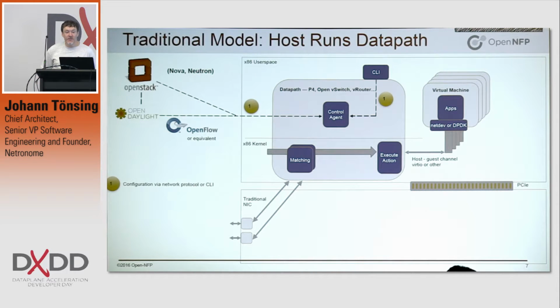Open Daylight can then speak OpenFlow to the control agent. Our friends at VMware developed OVN, which is a different protocol running in the cloud, and then OpenFlow is only used locally. So there are many different options.